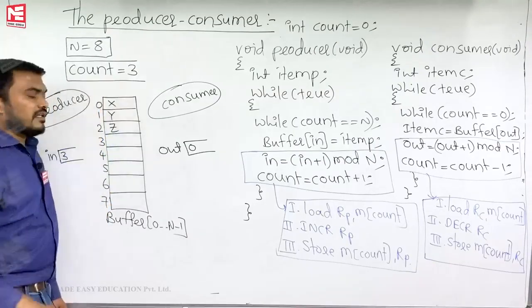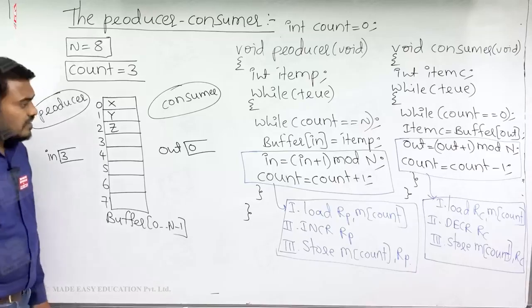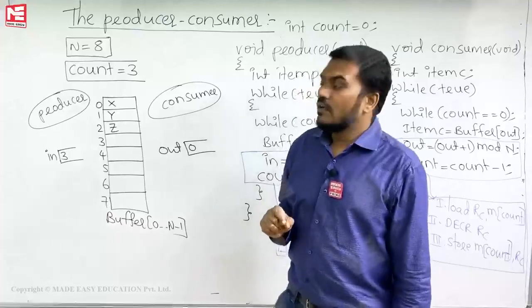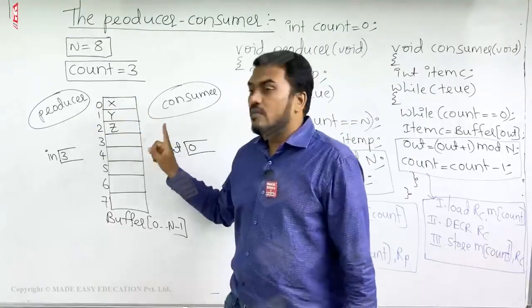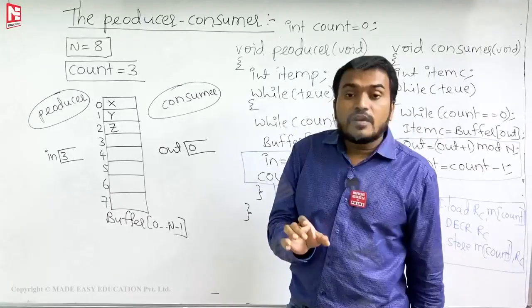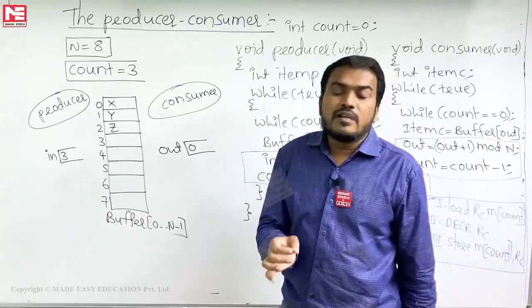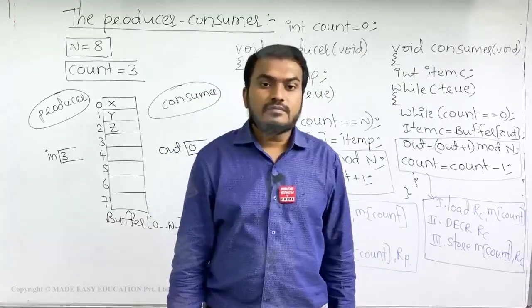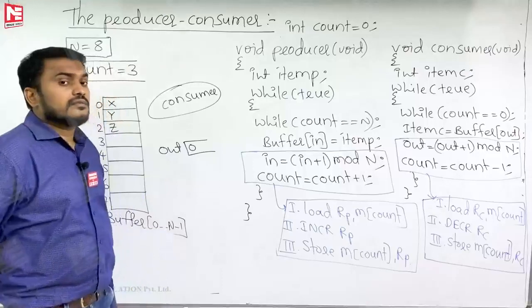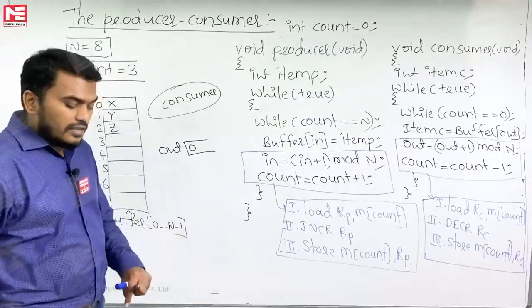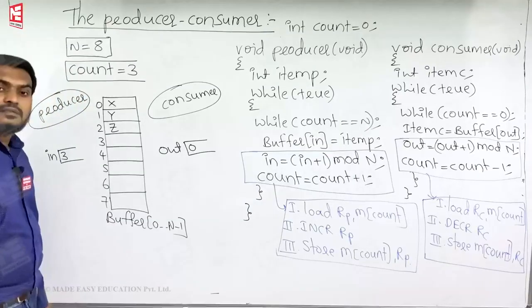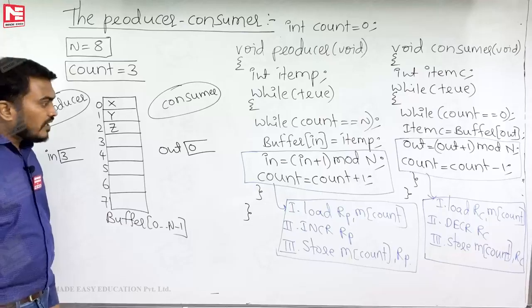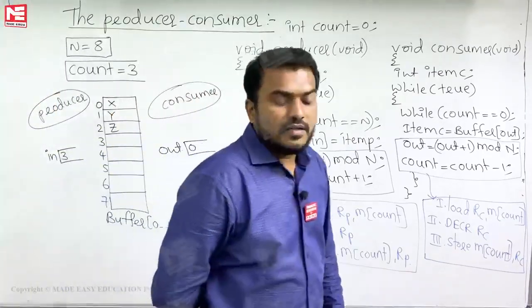And next you have the count variable. Remember, count is a variable used by both producer and consumer to identify the number of items present in the buffer at any point of time.